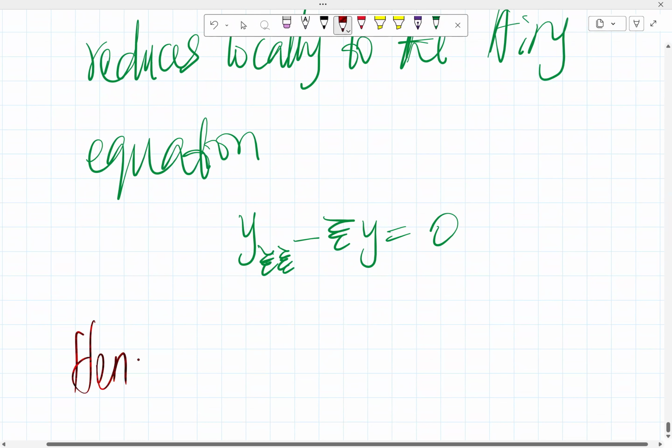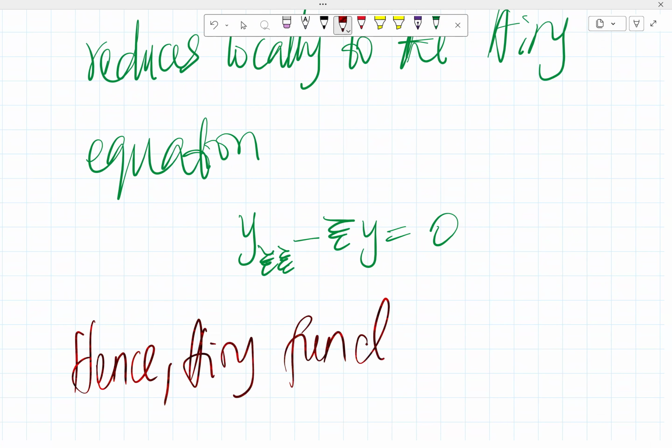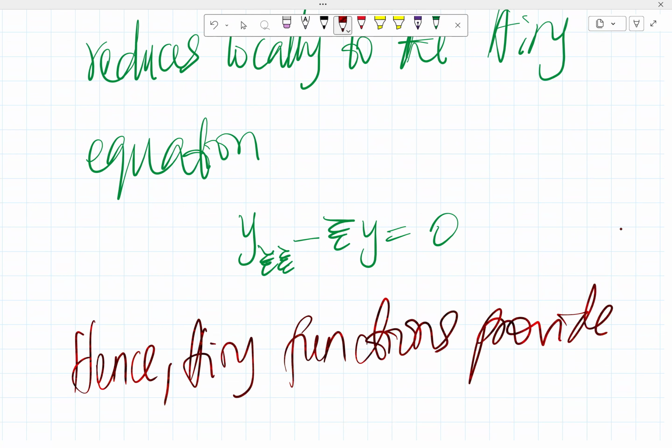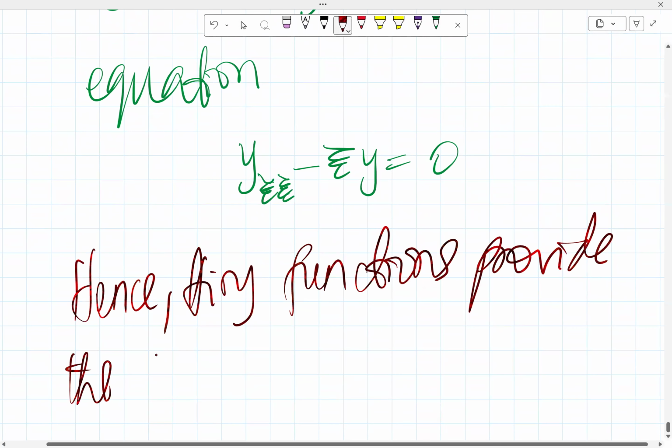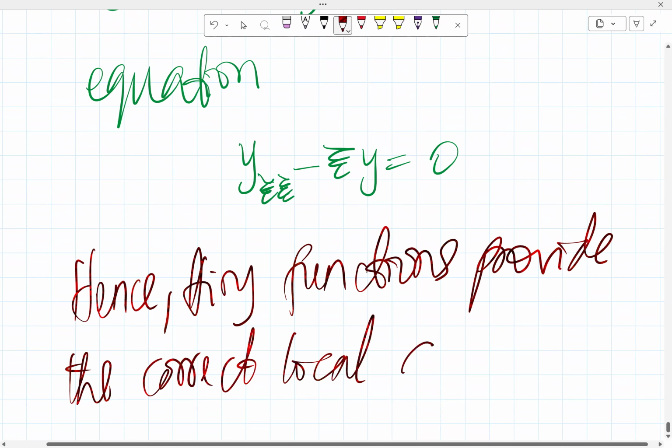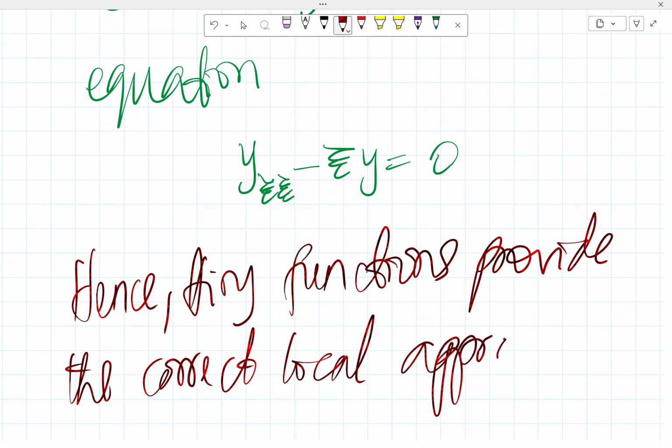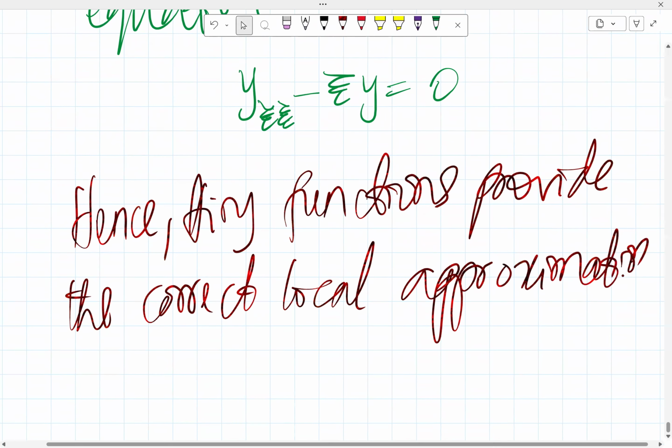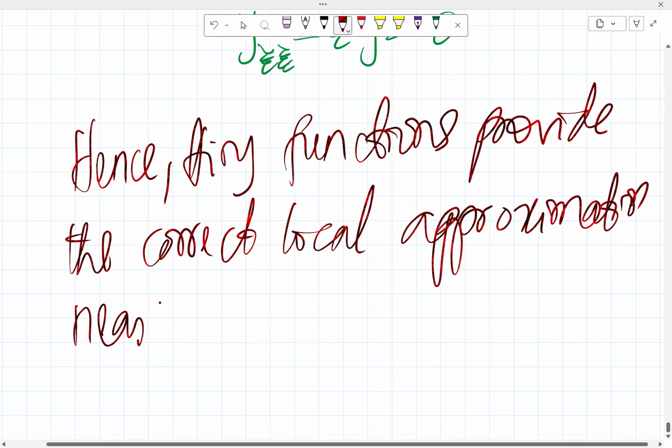Hence, Airy functions provide the correct local approximation near turning points.